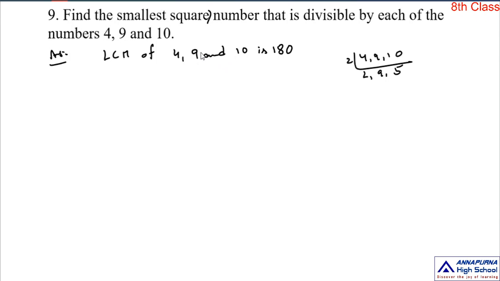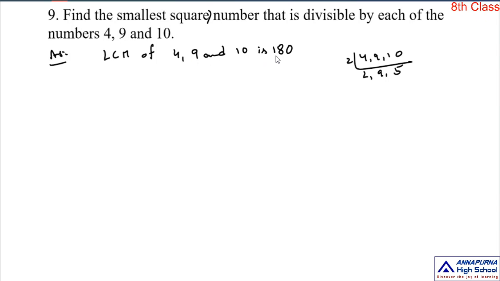And already we know one property. What is that property? When you find the LCM of a group of numbers, the multiples of the LCM are also divisible by that same group of numbers. That means here this 180 is divisible by 4, 9, 10. Why? Because this 180 is the LCM of these numbers.